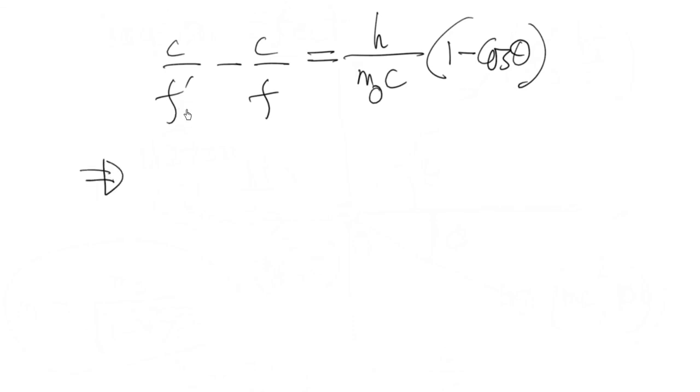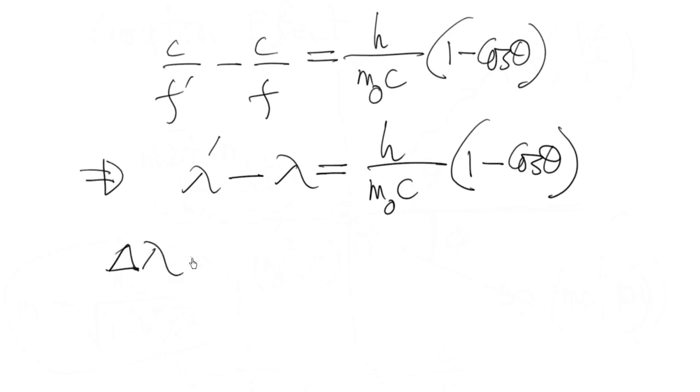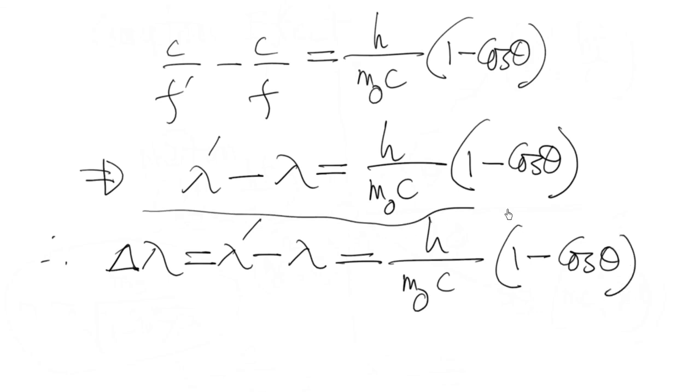And c by f prime means lambda prime, and this is lambda. You see, you can then find this, and this is delta lambda. Okay, so this is another formula.